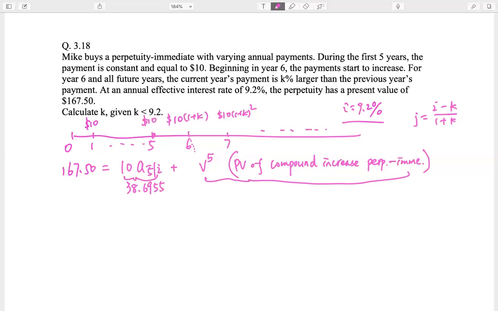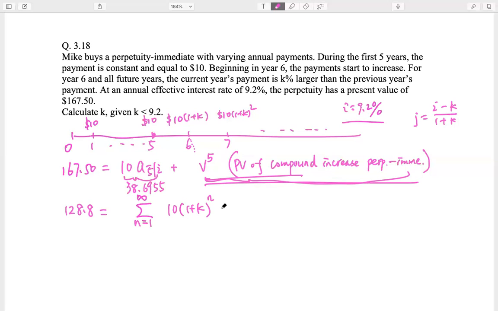Of course, if you can memorize everything, that's good. You can apply that formula from there. But I don't want to do it. So first, let me subtract it to the other hand side. I want to directly analyze this. So I know my payments will look like this, right?